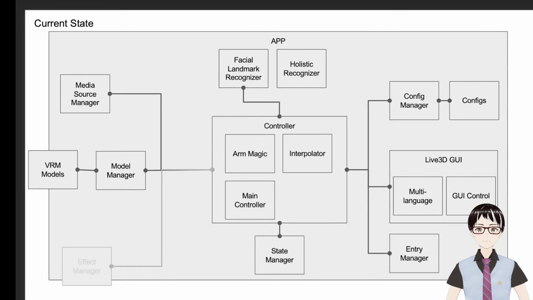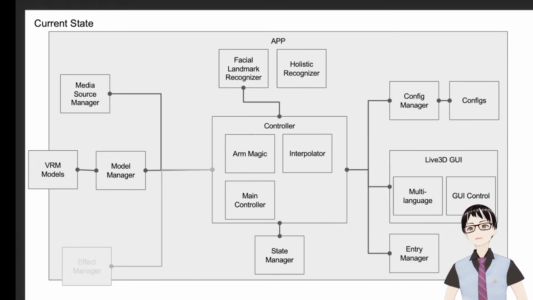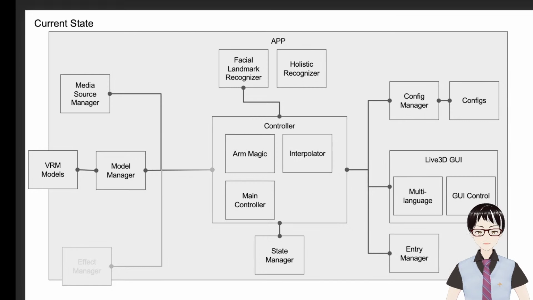Okay, so we know that the facial landmark recognizer and holistic recognizer are just so much more complex than we thought they would be. And I think we have to tackle that later. Right, so let's check the model manager first.